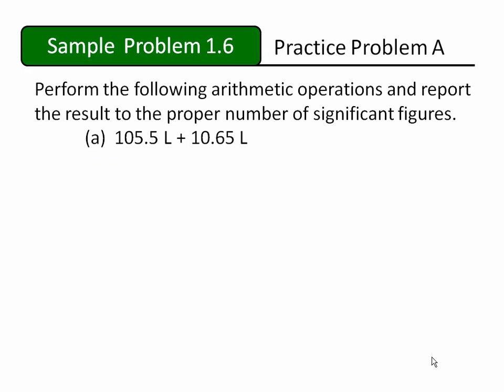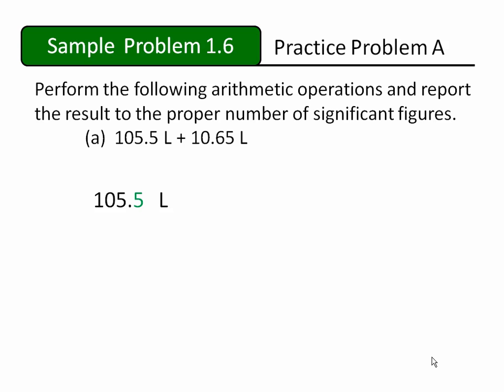Exercise A gives us two measurements to add, 105.5 liters and 10.65 liters. Let's take a look at where the uncertainty lies in each of these measurements. The measurement 105.5 contains uncertainty at the last 5.